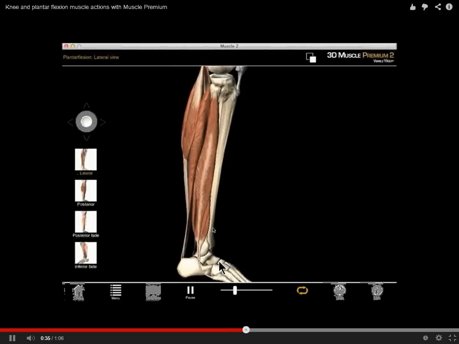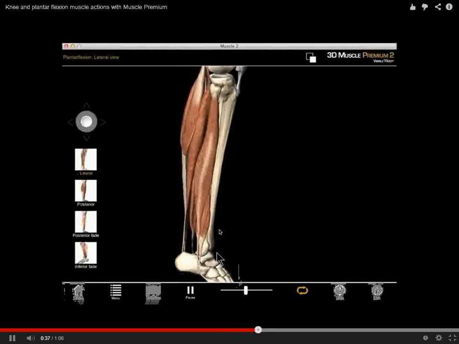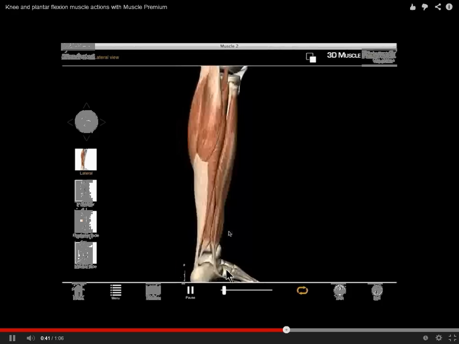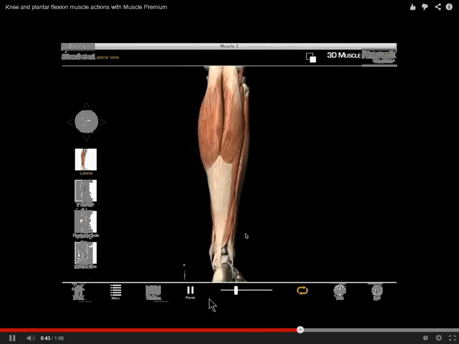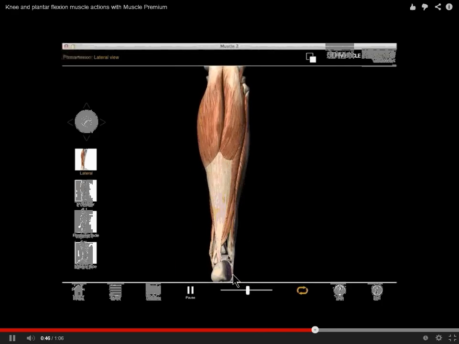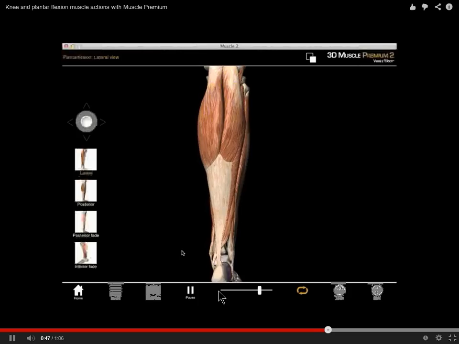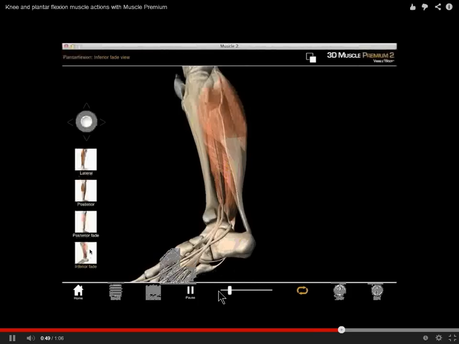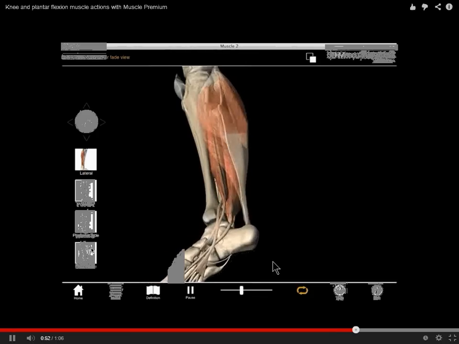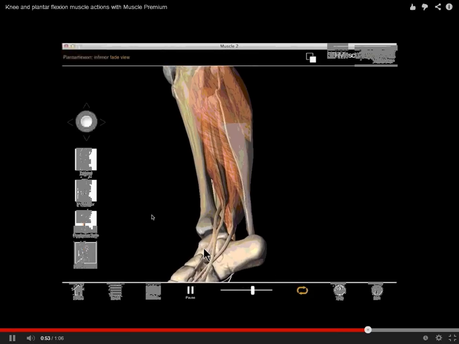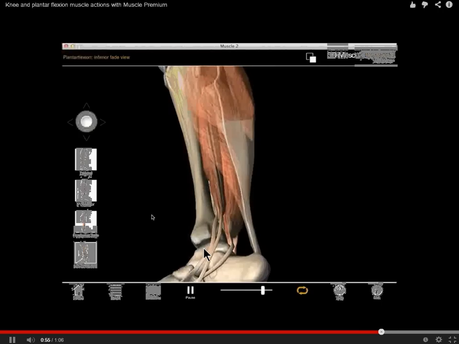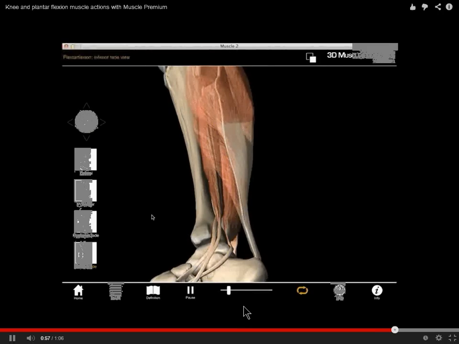So when a muscle in front will contract, it will cause dorsiflexion. When this muscle contracts, notice how it's causing the foot to go down as if you stand on your toes. See that? It pulls it up, causes plantar flexion like you're standing on your toes. So here again it shows, see when it contracts, your heel goes up and your foot goes down like standing on your toes.